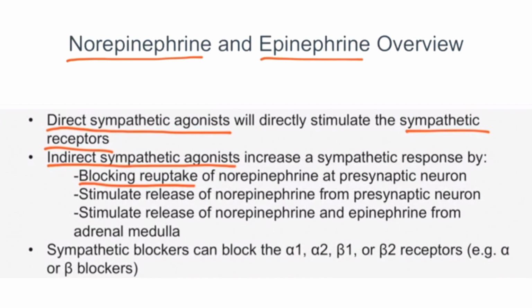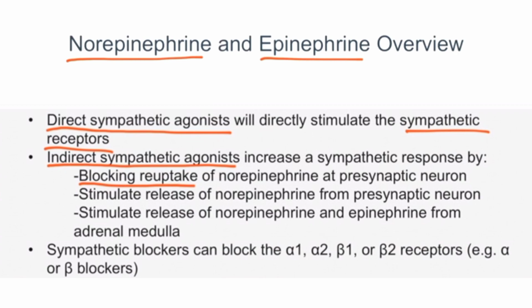Normally the reuptake of norepinephrine at the presynaptic neuron is a way to decrease the amount of norepinephrine in the synaptic cleft. So if you block that, you're increasing norepinephrine in the synaptic cleft, thereby increasing the amount of norepinephrine that can stimulate the sympathetic receptors. And we'll show this on the next slide to make it more clear.